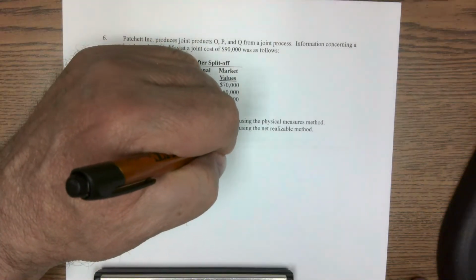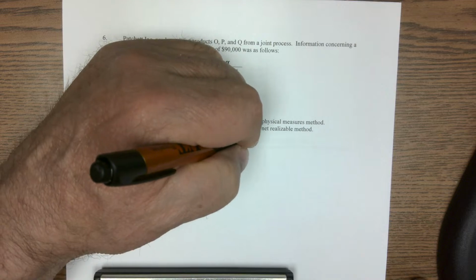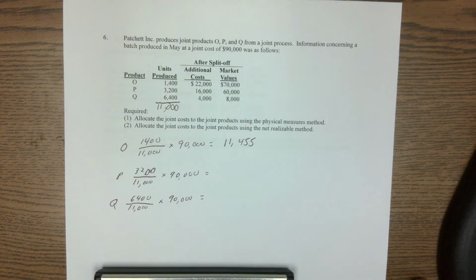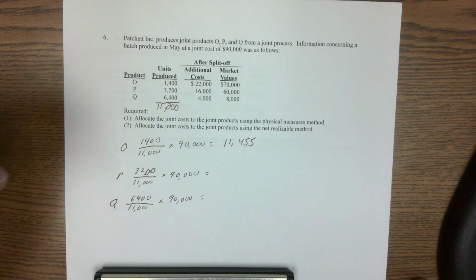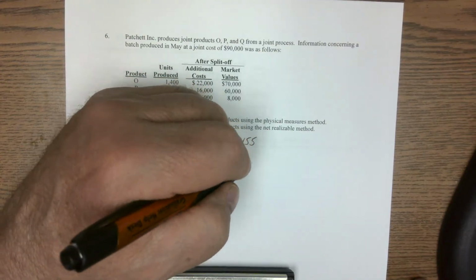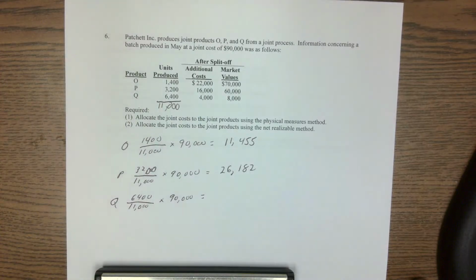So that will be 11,455 rounded up. P, with 3,200, will be 26,182, again rounded up.